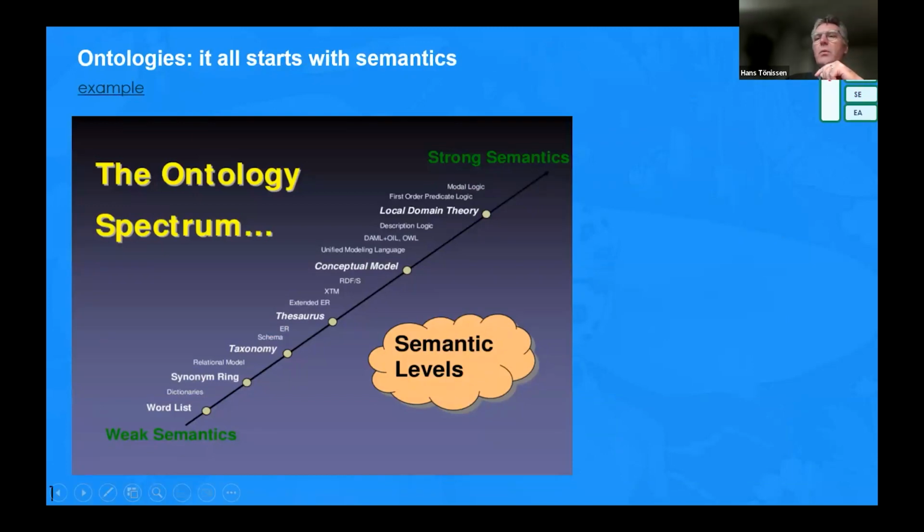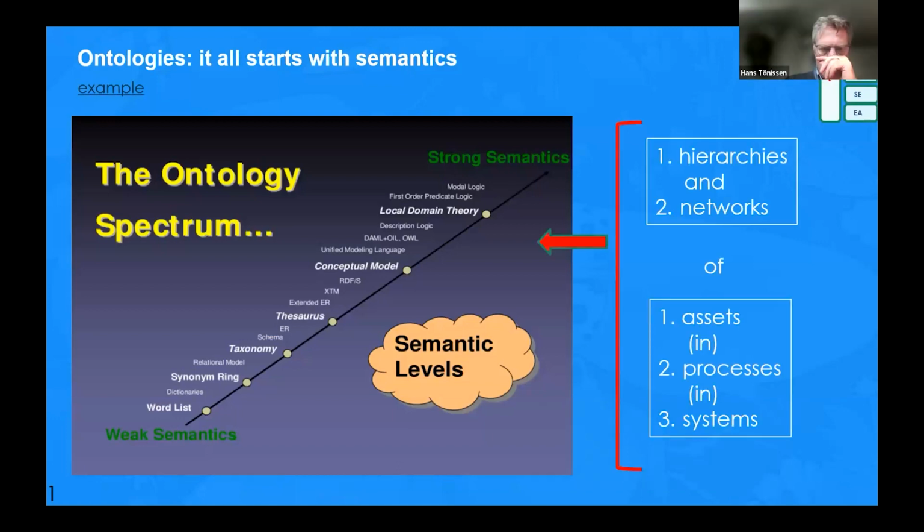If you then look back to our semantic layer, then the importance of ontologies, you see quite a big spectrum from just word lists to a local domain theory.